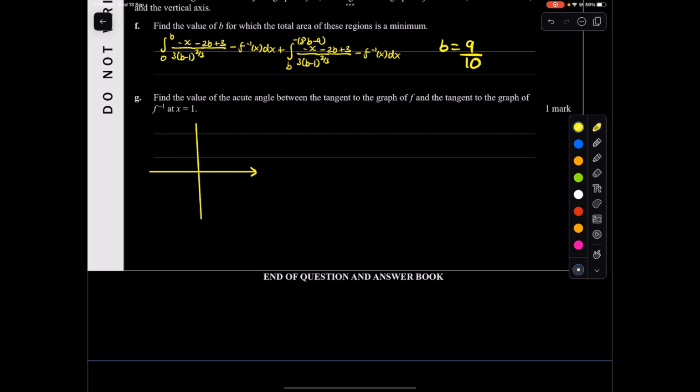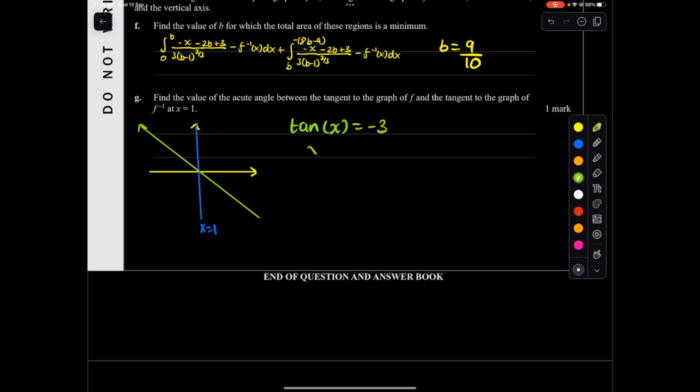So if I draw this right here, and let's say this line over here is x equals 1, and pretty much this over here is that over here. So to find that angle, we know that tan of an angle, let's say x, is equal to your gradient, which here is -3.